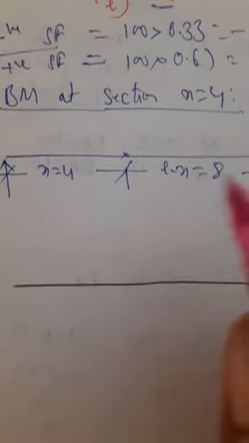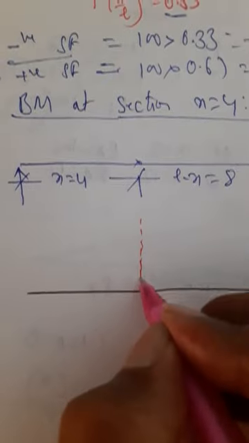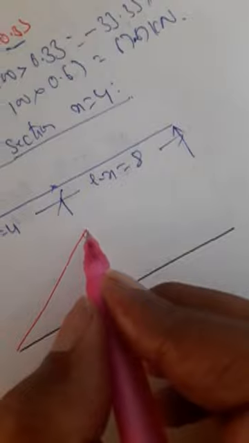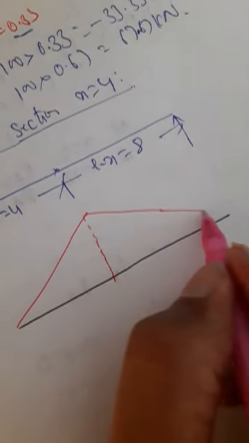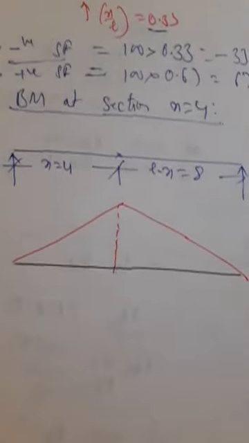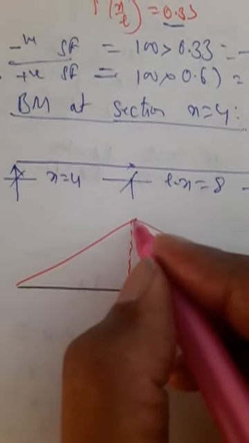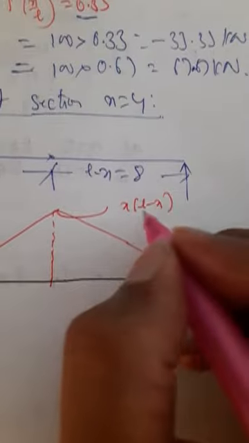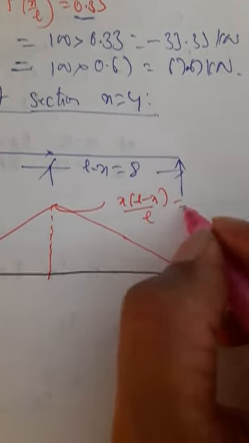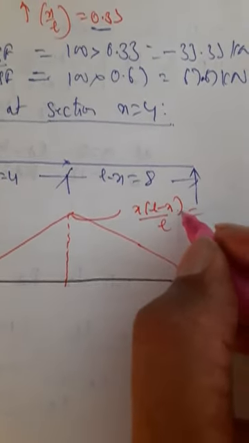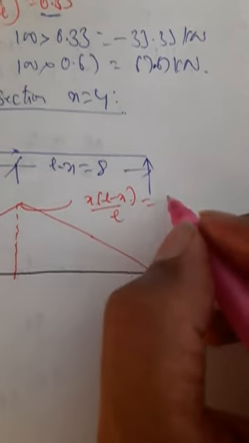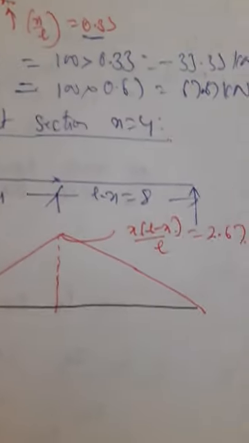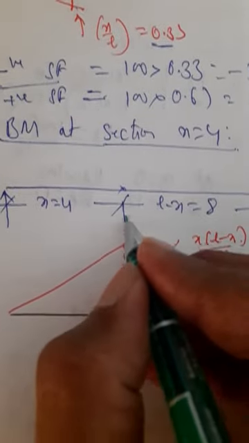Now standard bending moment diagram for influence line diagram is like this. This ordinate is given by x into L minus x by L. So x is 4, L minus x is 8, 4 into 8 divided by 12. You have the answer 2.67, this ordinate. Now this 100 kilonewtons is acting here.